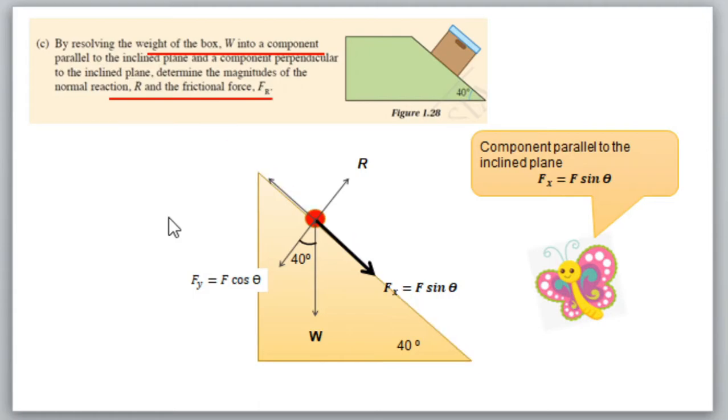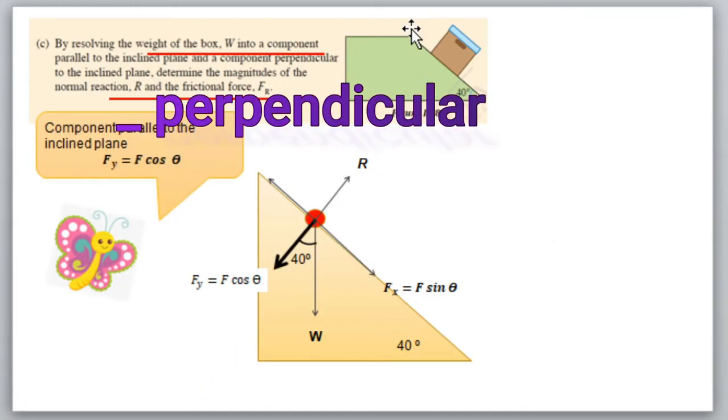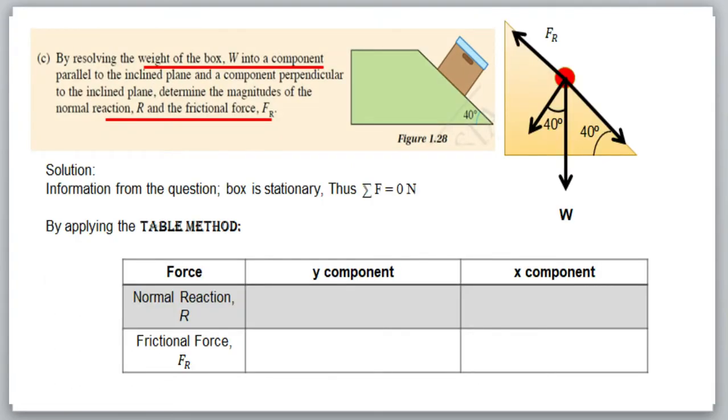So this is an inclined plane and parallel to the inclined plane is F sin theta. And the component which is perpendicular to the inclined plane, again this is the inclined plane, so perpendicular is F cos theta. Determine the magnitude of the normal reaction R and frictional force.